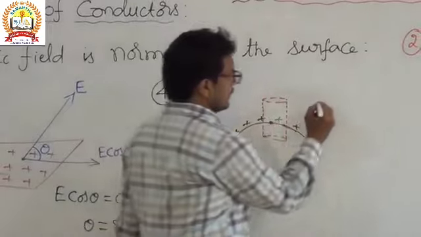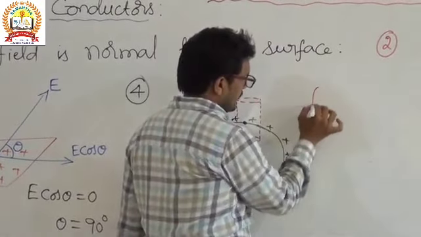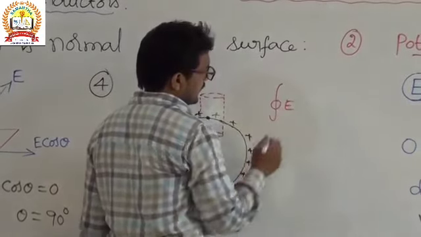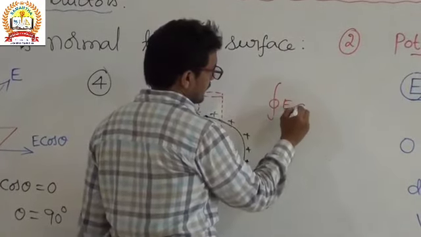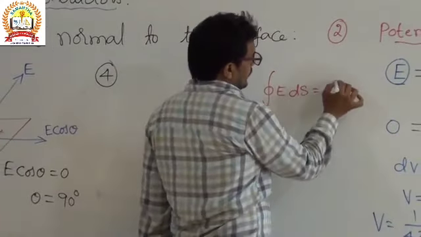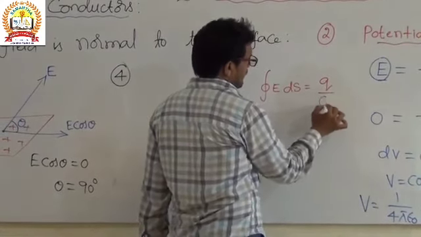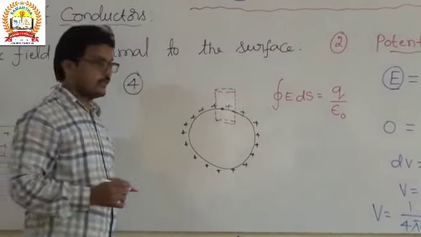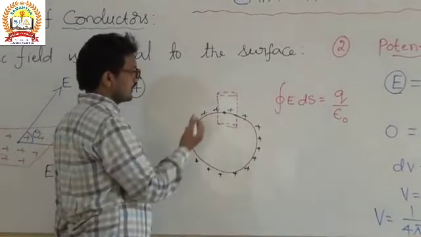From Gauss theorem, we know that the integral of E dot ds equals Q by epsilon. Then what will be the surface charge density?